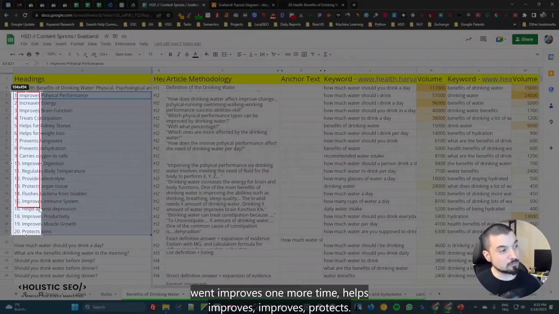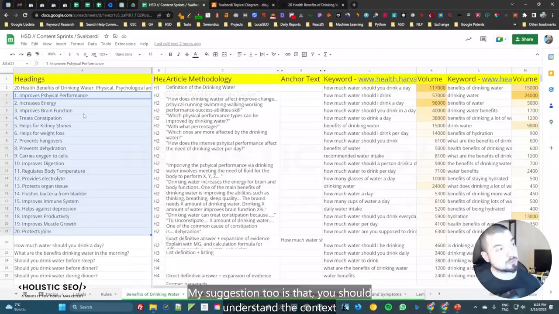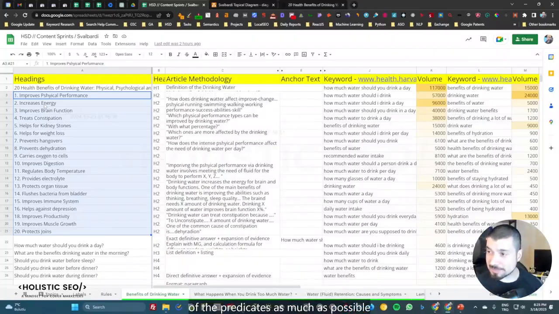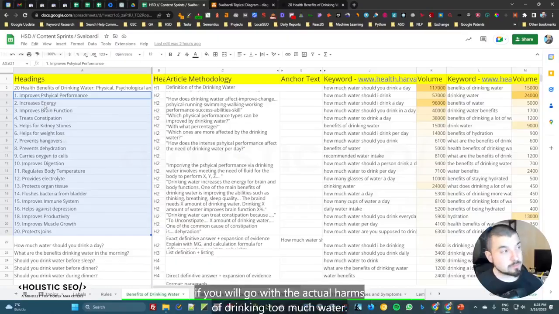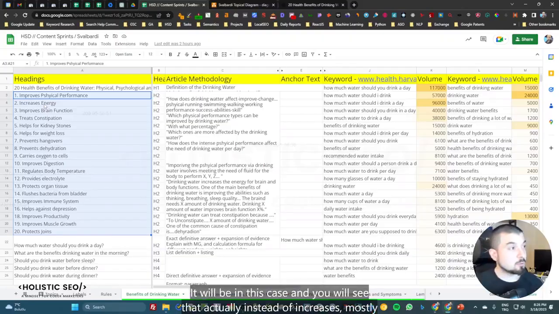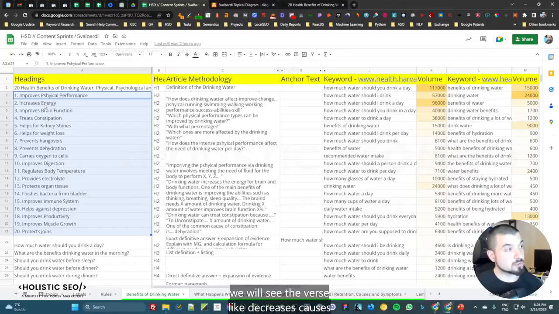And improves, one more time, helps, improves, protects. My suggestion to you is that you should understand the context of the predicates as much as possible. If you go with the actual harms of drinking too much water, it will be in this case, and you will see that instead of increases, mostly we will see words like decreases, causes, and most probably, let's say, breaks or creates, and this type of other words.